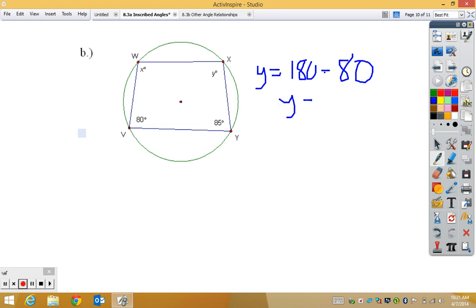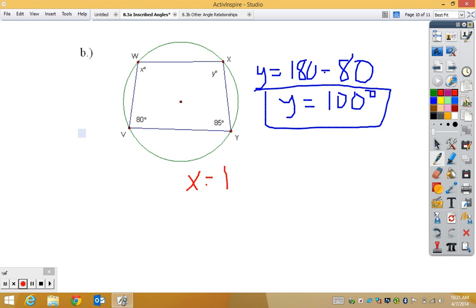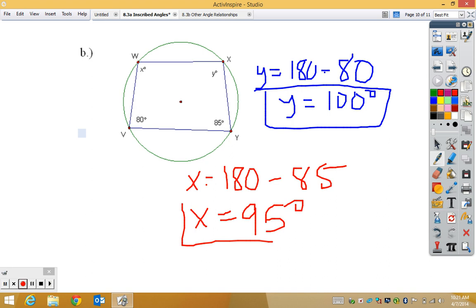So y equals 100 degrees. And so then angle w, which is x degrees, we set x equal to 180 minus 85, and we get x equals 95 degrees.